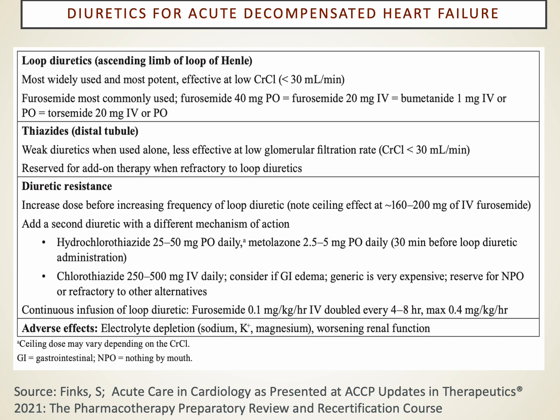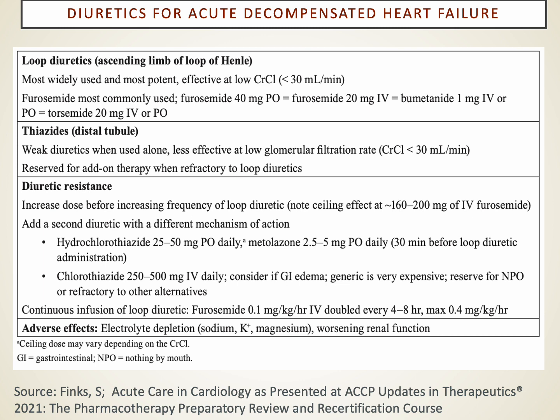If you have to switch them to an IV diuretic, know that the bioavailability of most of the diuretics, particularly furosemide, the common one, the easy thing we look at here is, furosemide, oral furosemide is about 50% bioavailable.